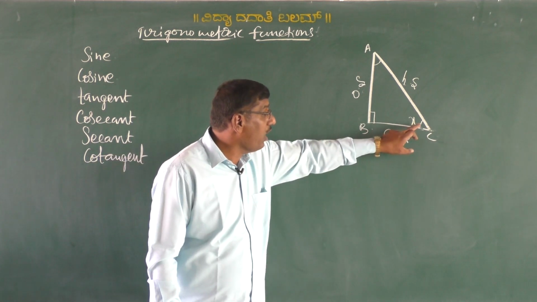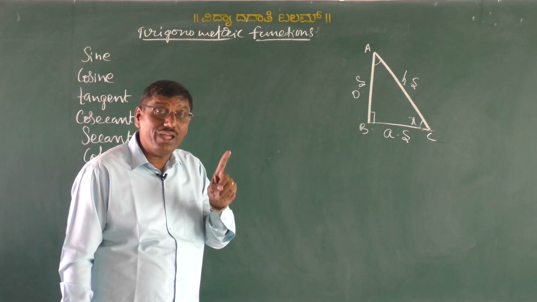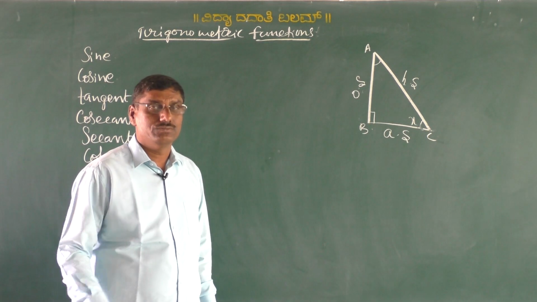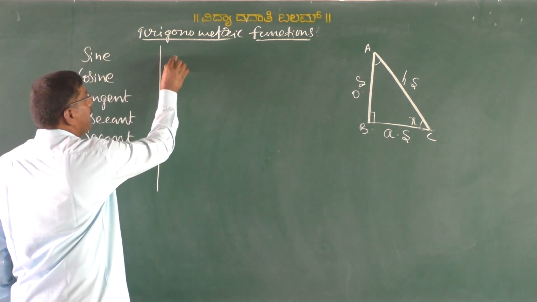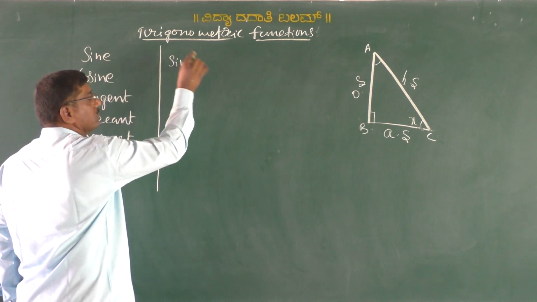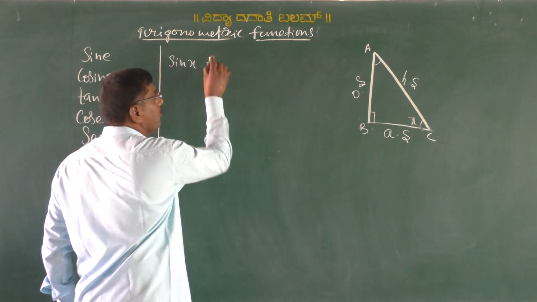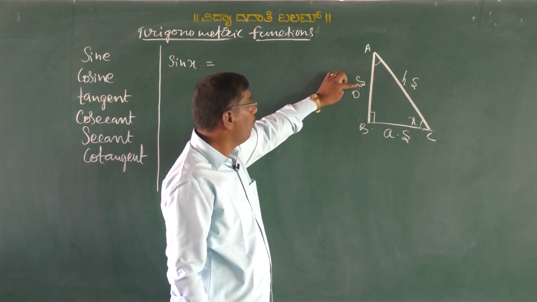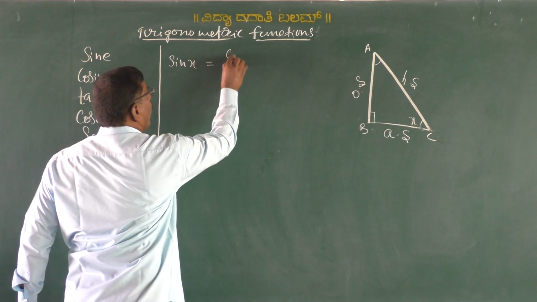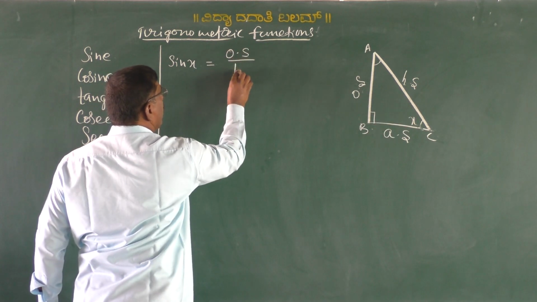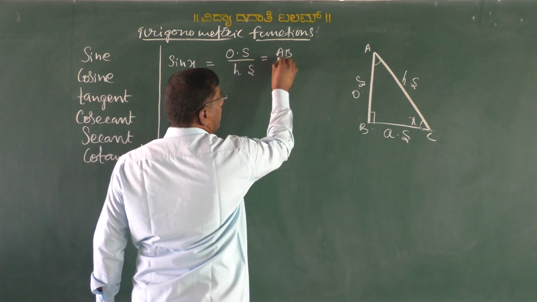Now sine of the acute angle x, which is denoted as sin x and defined as sin x is equal to opposite side divided by hypotenuse side, that is AB divided by AC.